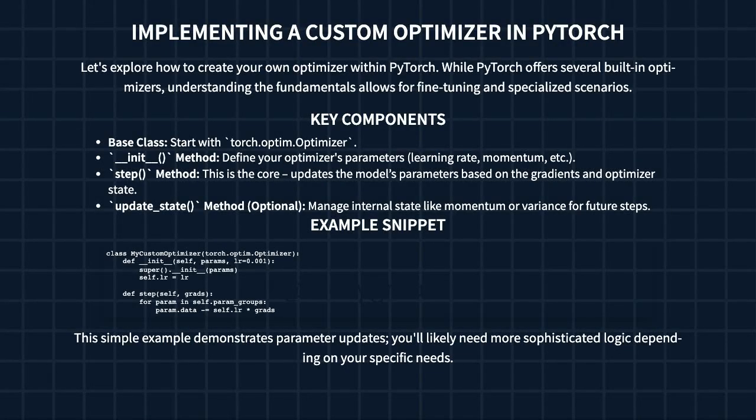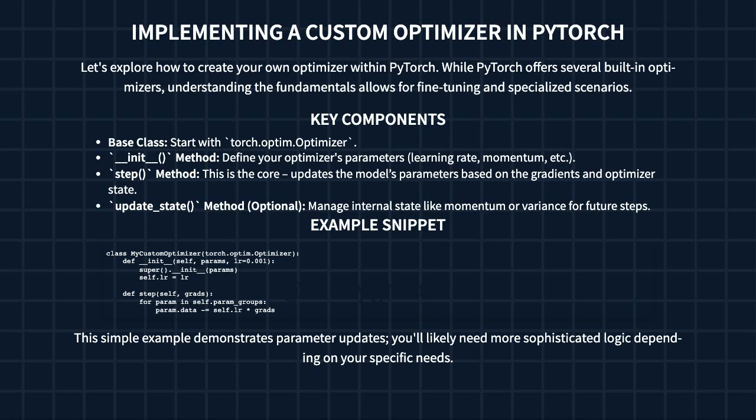Okay, let's talk about creating custom optimizers in PyTorch. It can seem a little daunting at first, but the basic idea is quite straightforward. You start by inheriting from torch.optim.Optimizer. Then, in your init method, you'll define any parameters specific to your optimizer, like the learning rate. The heart of the optimizer is the step method.